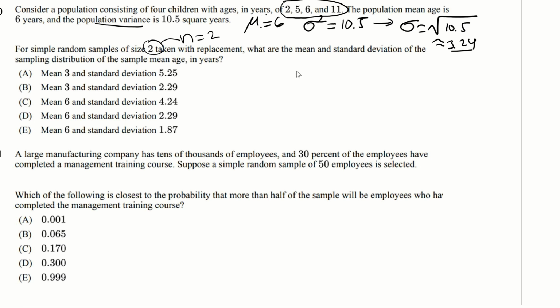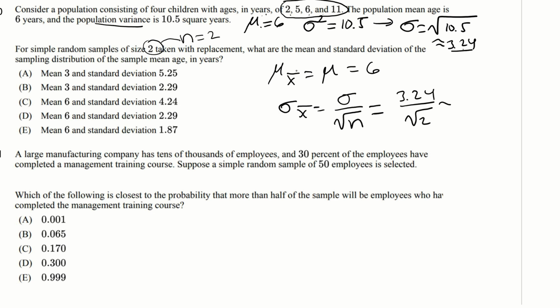If we continue to do all the possibilities of these 4 children, like 2 and 6, 2 and 5, 2 and 11, whatever, and we take the x bars of all of them and find the mean, then the mean of x bar is just going to be the population mean, which in this case is 6. And then the standard deviation of this is going to be the original standard deviation divided by the square root of n. In this case, n is 2. We know that sigma is 3.24, so that's going to be divided by the square root of 2.